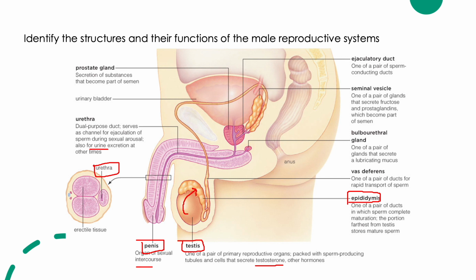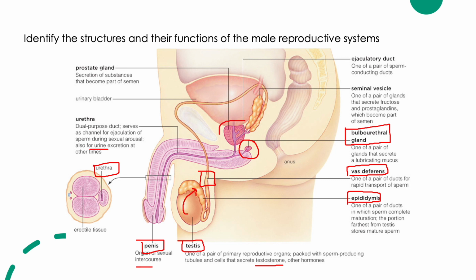After that, we have another tube leaving the epididymis, called the vas deferens, which transports the sperms from the testes or epididymis into the glands. The first gland on the path is a very small one over here, called the bulbourethral gland, and this is a very important gland which produces the lubricating fluid.